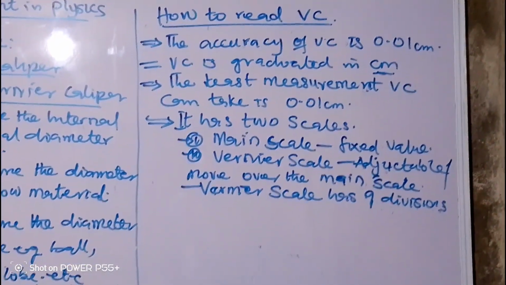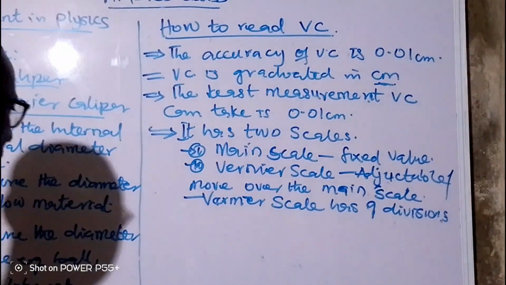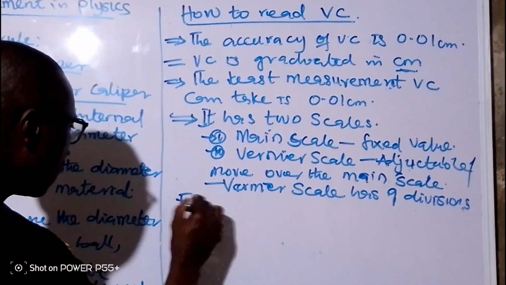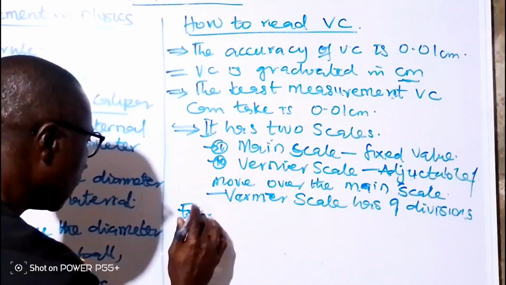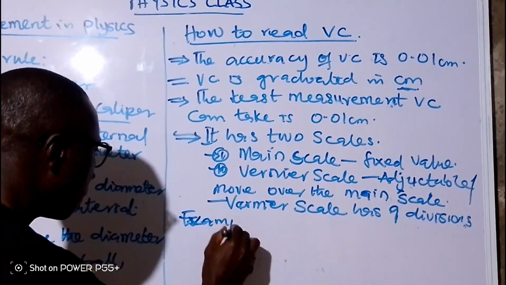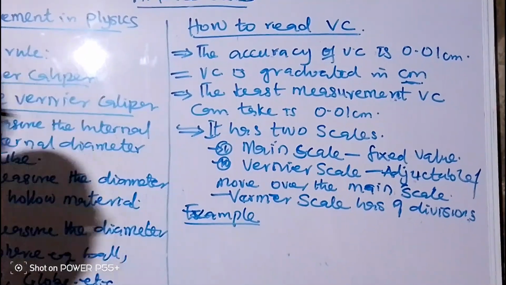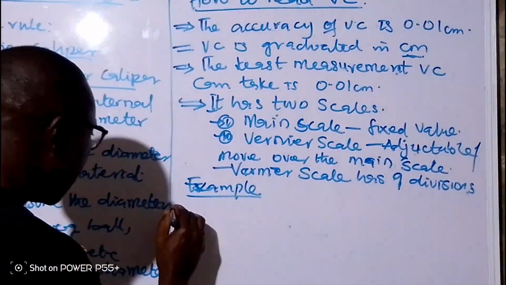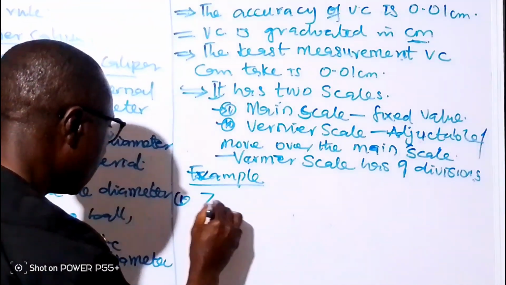Now, the next thing is, let's see examples. The first one that I will show is zero reading vernier caliper.